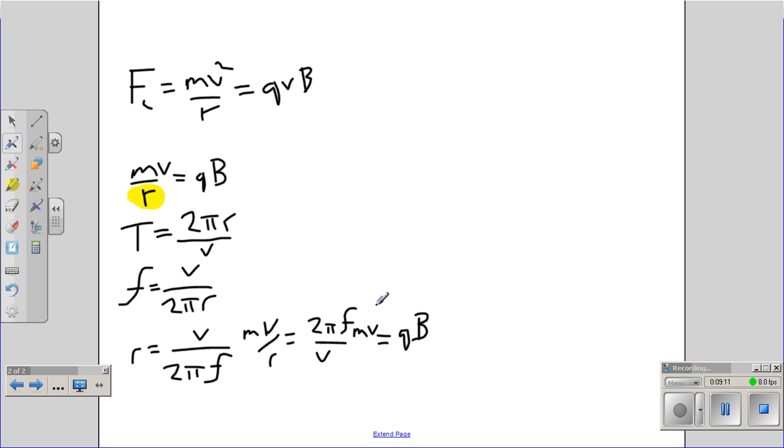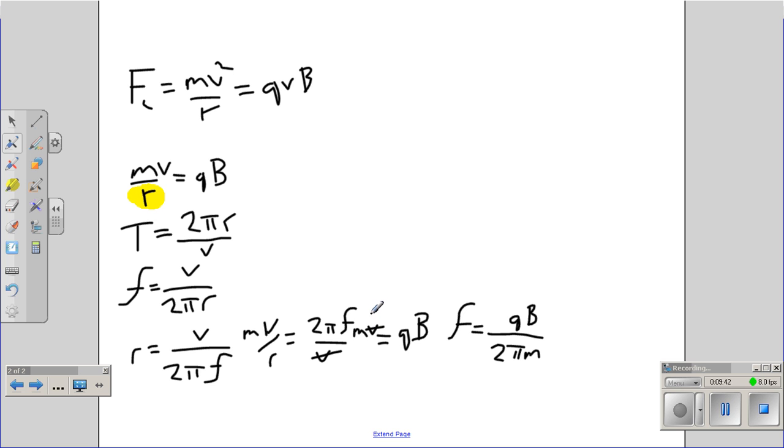Solving for frequency, we say that frequency equals qB divided by 2 pi m. Notice that the v's cancel. We got a v down here and a v up here. So those canceled out. That's why v didn't get carried over.